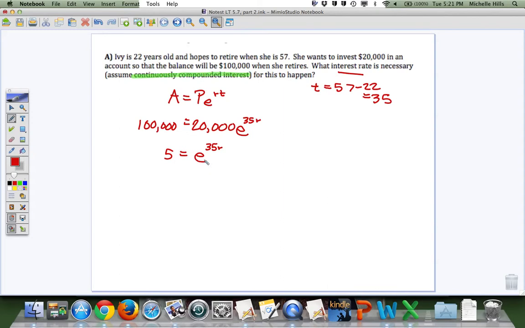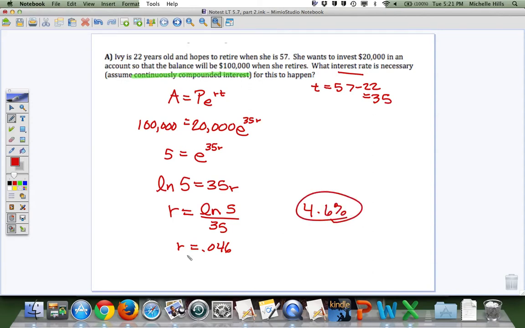This is a base e logarithm, though, so a base e log, which is the natural log, of 5 equals 35 times R. So R equals the natural log of 5 divided by 35, which means R equals 0.046. So I would need a 4.6% interest rate to be able to take it from 20,000 to 100,000 in 35 years.